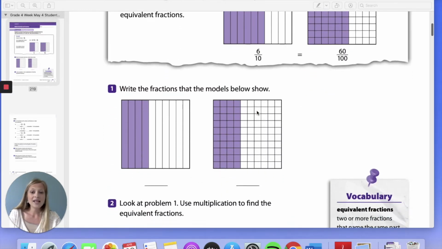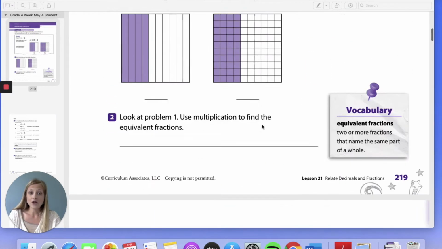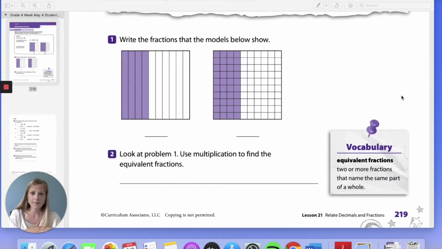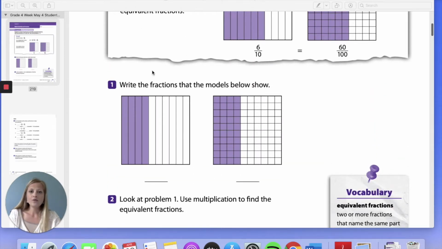So let's go ahead and look at number 1 in your packet, and just in case you are a little bit lost, it's on page 219. Page 219 should be the front page. So we're going to write the fractions that the models show below. So my first question for you is, what fraction does this model represent? Hopefully you said tenths.